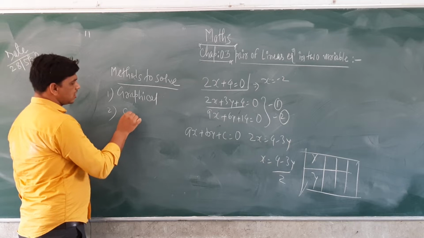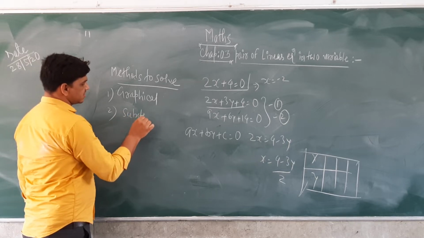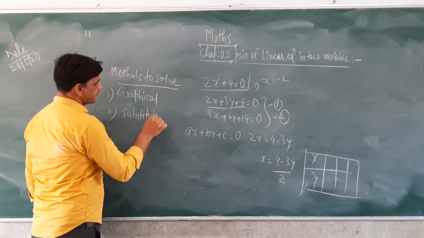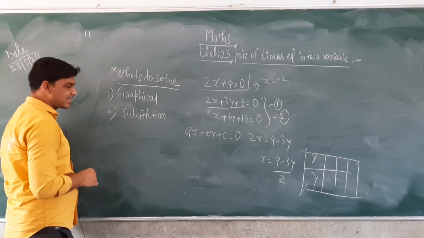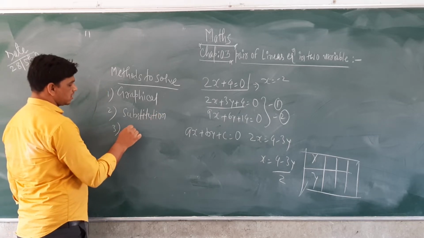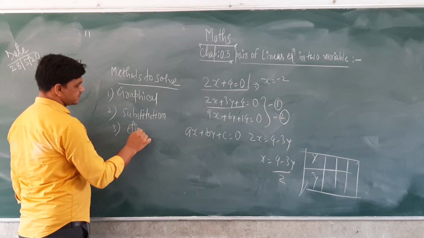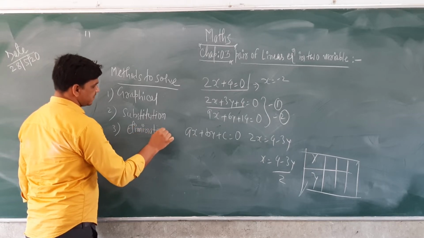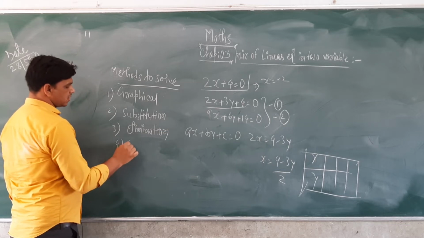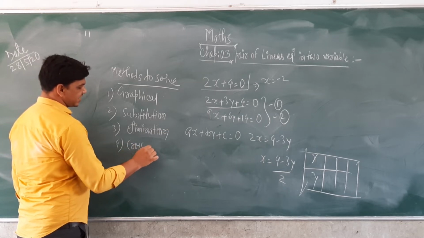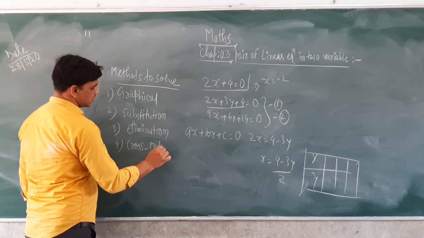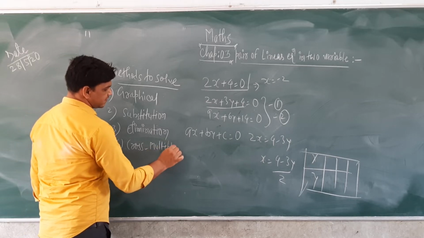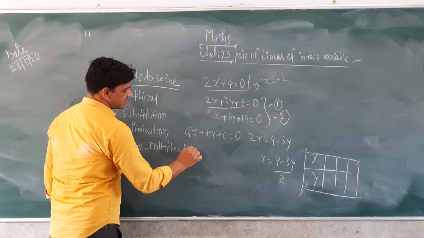Second is the substitution method. Third is the elimination method. And fourth is cross multiplication.